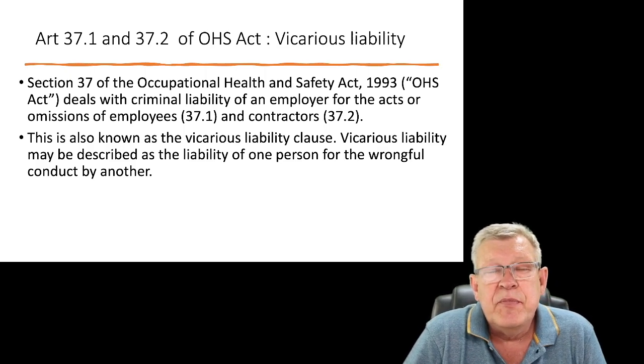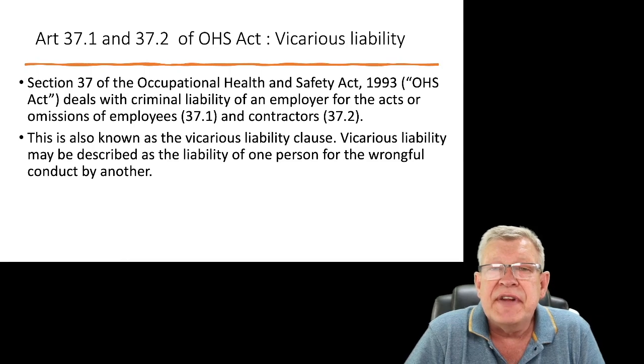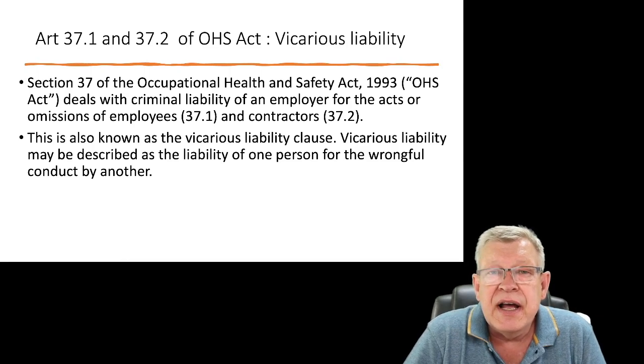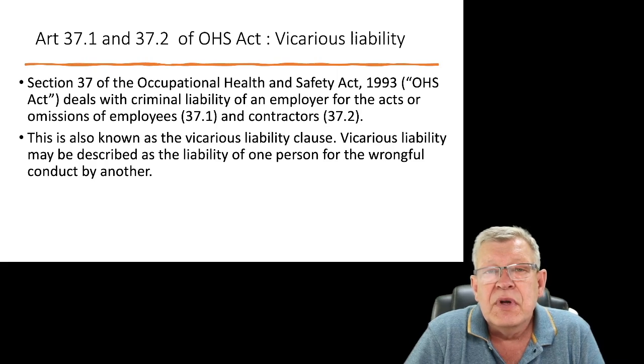Yes, for breach of the Occupational Health and Safety Act, you can be held criminally liable for involuntary manslaughter and that kind of thing if somebody gets hurt or if they die.